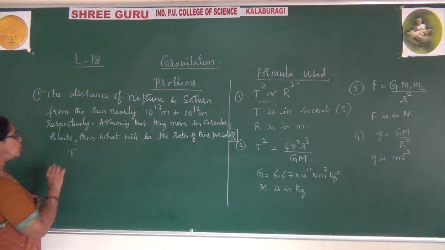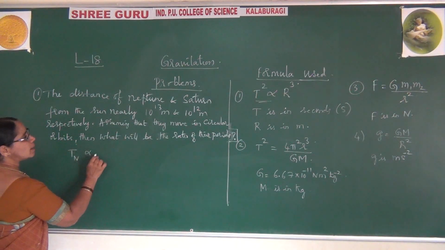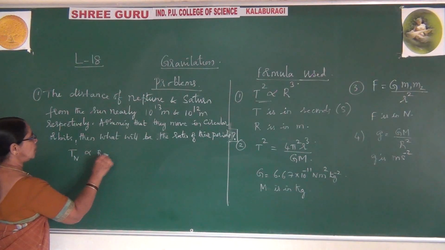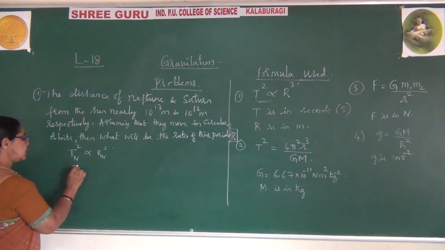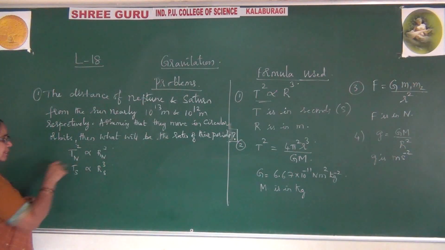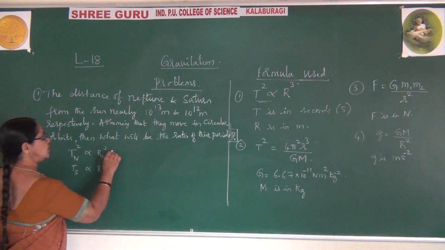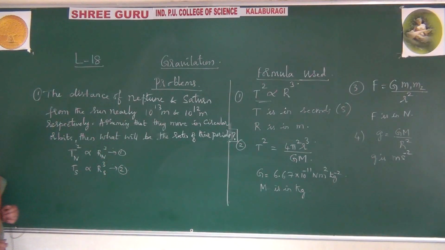First one is Neptune: Tn square is proportional to Rn cube, and Ts square is proportional to Rs cube. This is equation 1, this is equation 2. We have taken the help of T square proportional to R cube. Using this concept, I have written this formula. One is Neptune, another is Saturn.